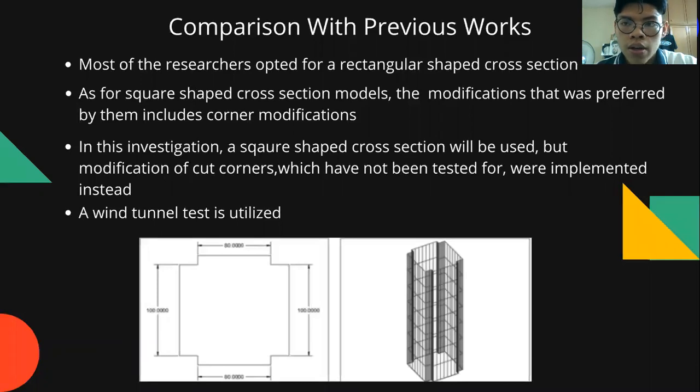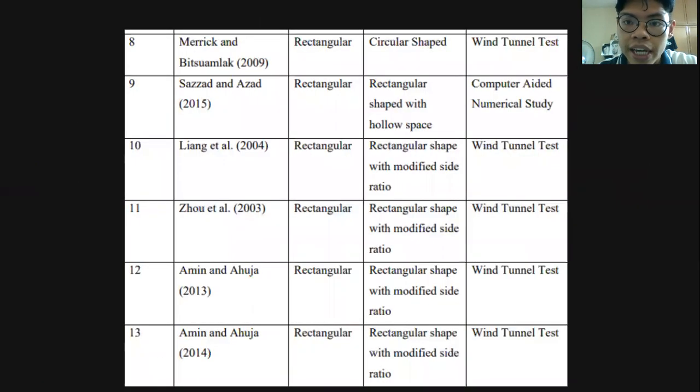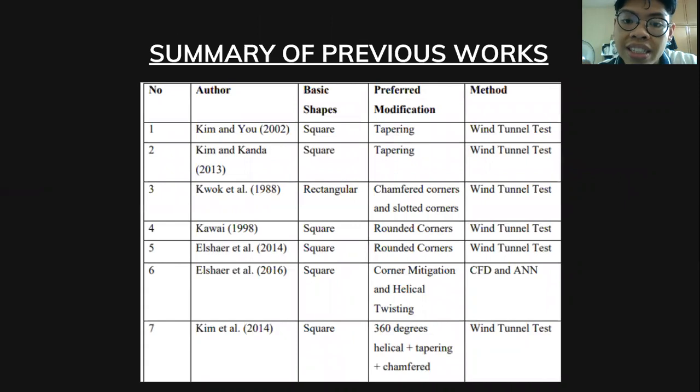So for what I chose in comparison with previous works, I chose a square-shaped cross-section model with a corner modification. However, what I chose was different from the sets of authors that used corner modifications. As you can see here, they used chamfered corners, slotted corners, and rounded corners.